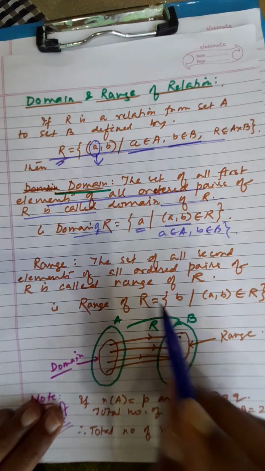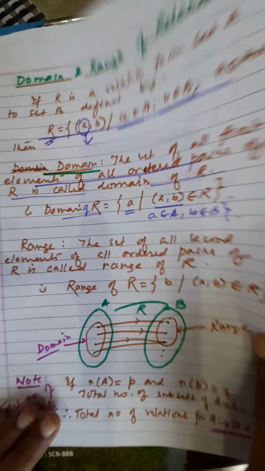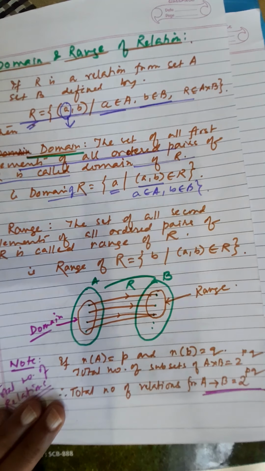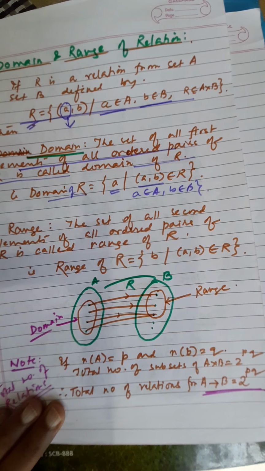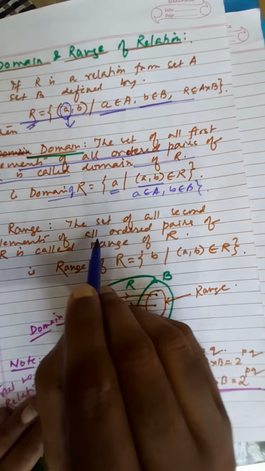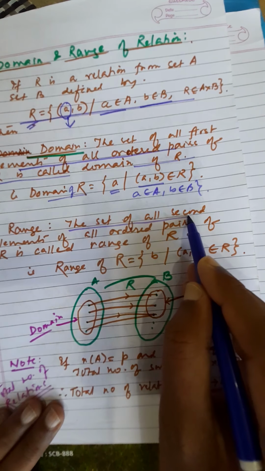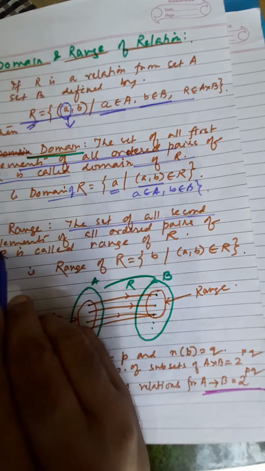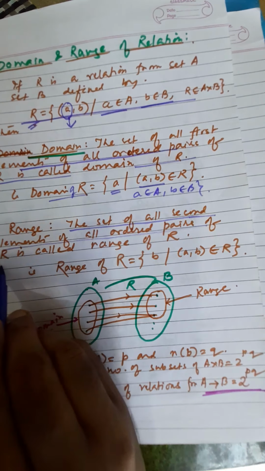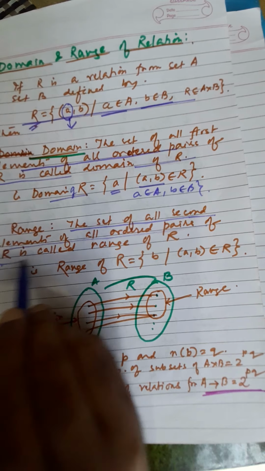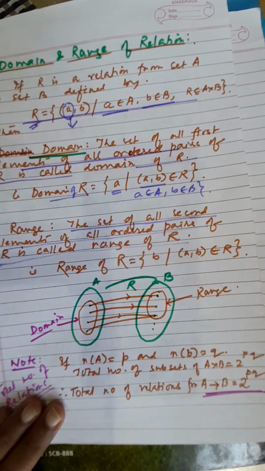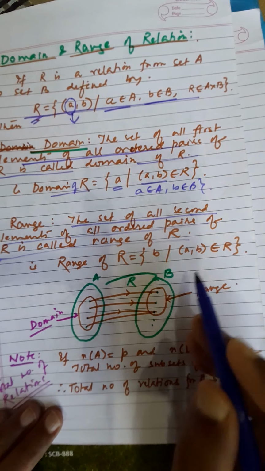Okay, no problem. Range, what is the range? The set formed by the first components is the domain, and the set of all second components of all ordered pairs of R is called the range of the relation.